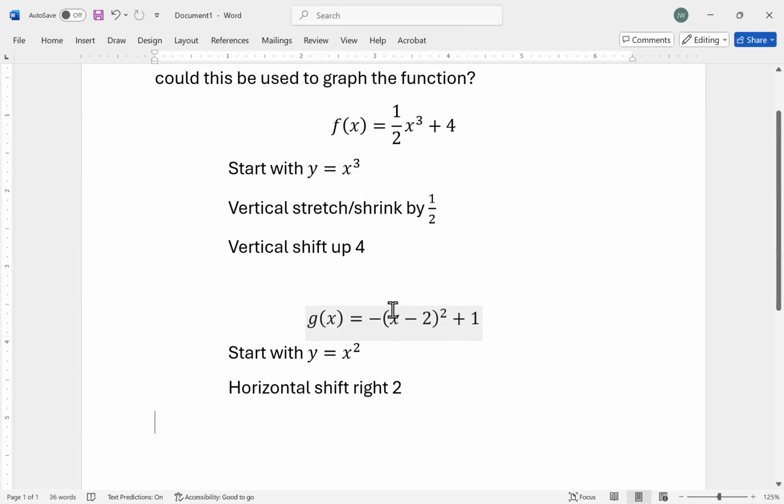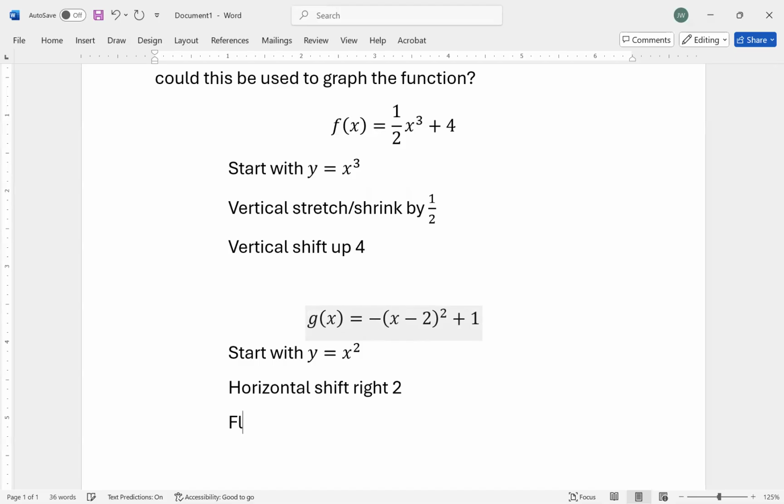And then I'd move on to my next order of operations. That would be the squaring part. And then outside of that, there's a negative. And so after I shift it right 2, I would flip that across the x-axis.